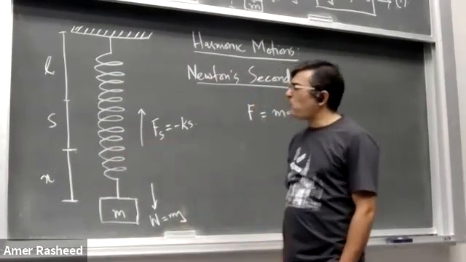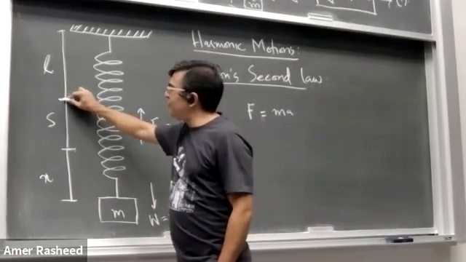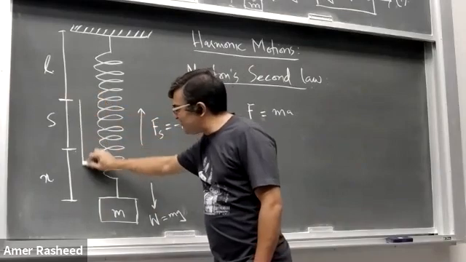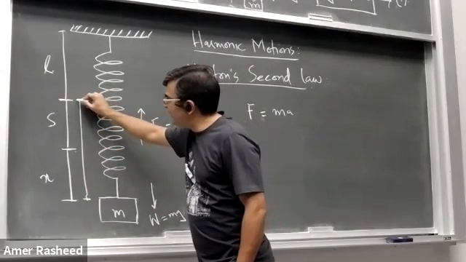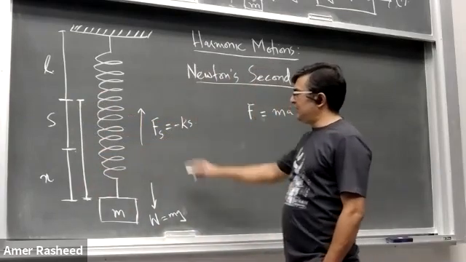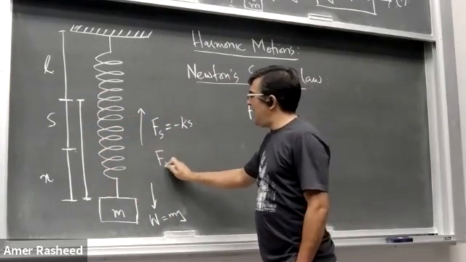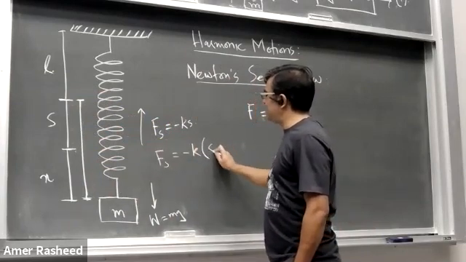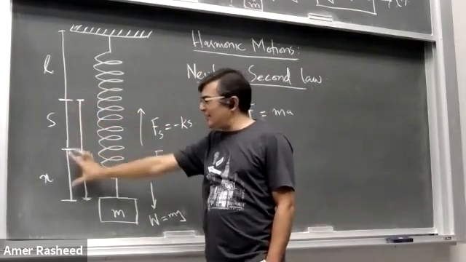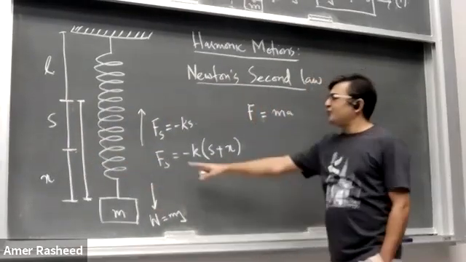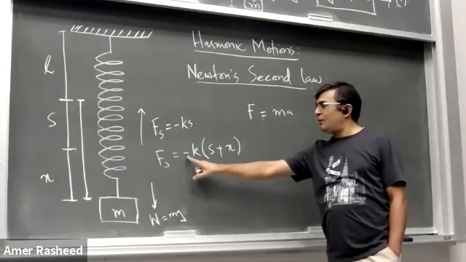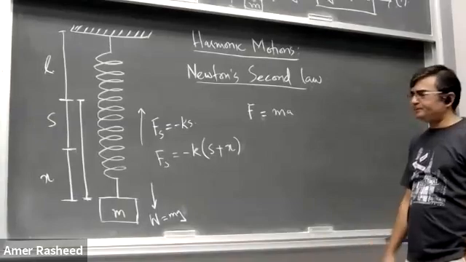Why? Because the original length of the spring is L. Now, the stretch in the spring is what? It is S plus X. This is now the stretch. Now, this restoring force would become Fs is equal to minus K times stretch 1 plus stretch 2. S is stretch 1, X is stretch 2. So the restoring force will be updated and it will be equal to minus K times S plus X.